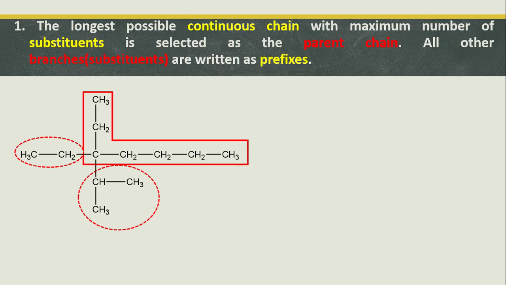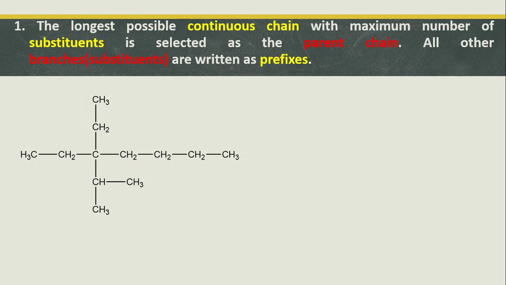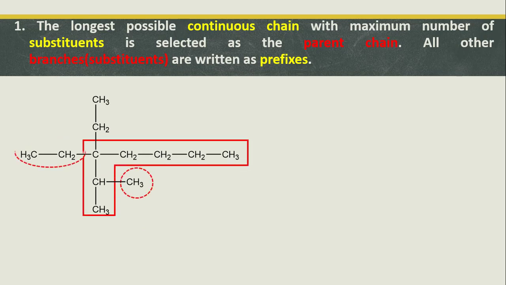However, the next one is a carbon chain that also contains 7 carbon atoms. However, there are 3 branchings. So this is to be selected as the parent chain because it contains a large number of substituents.